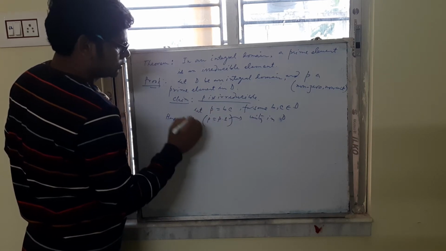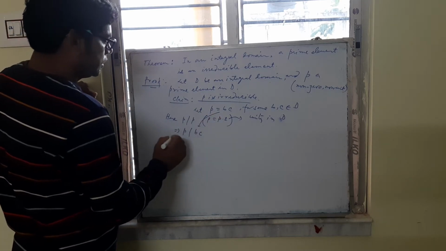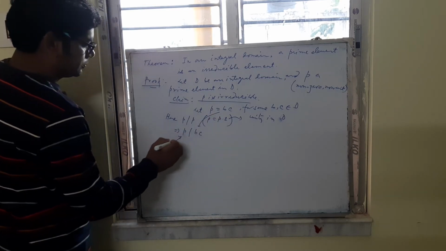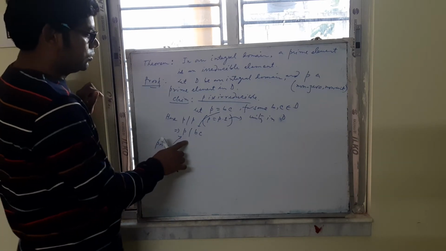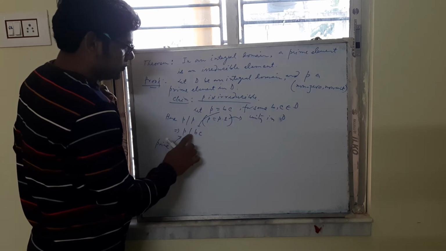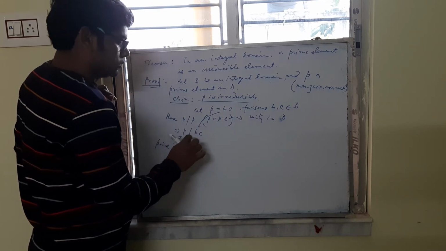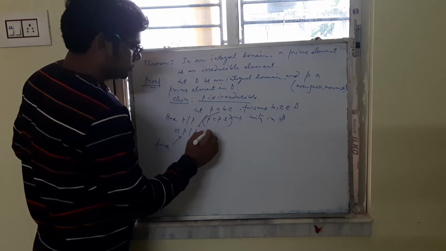So it is BC. Now P is prime, and we know from the definition of a prime element that if P divides the product BC, then either P divides B or P divides C.